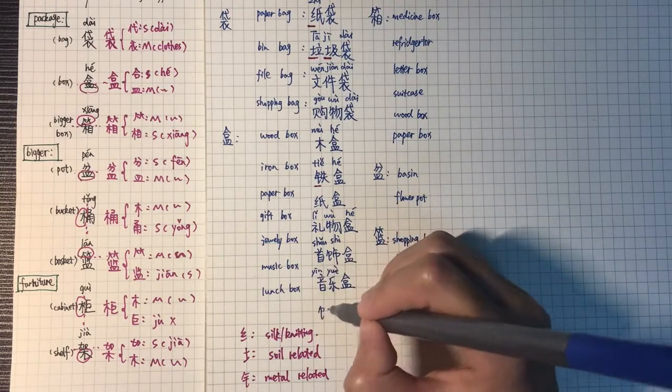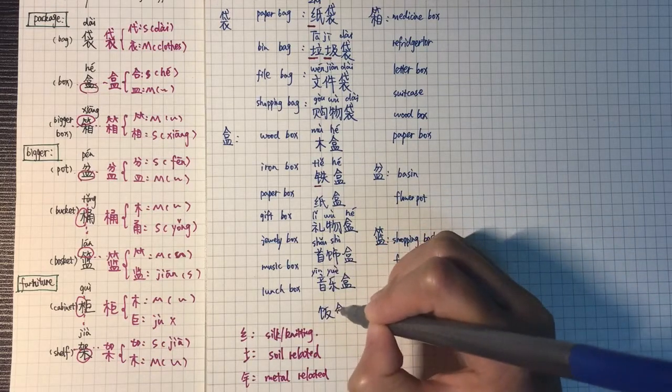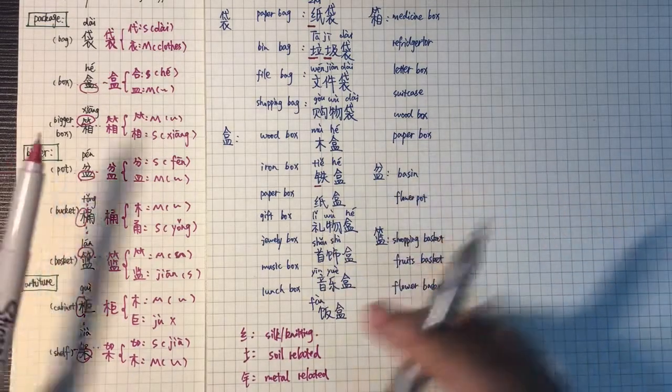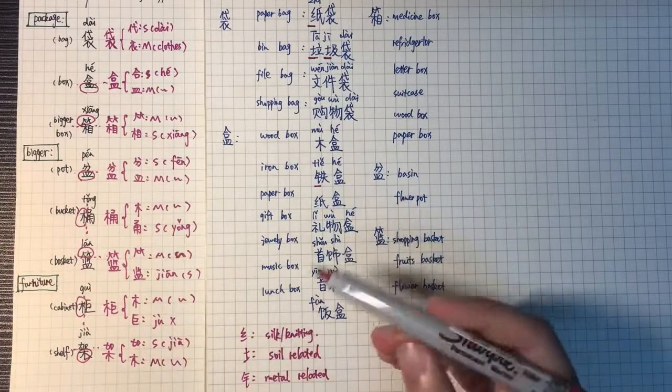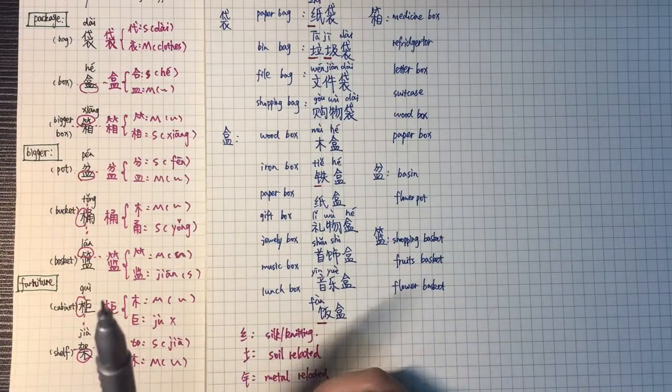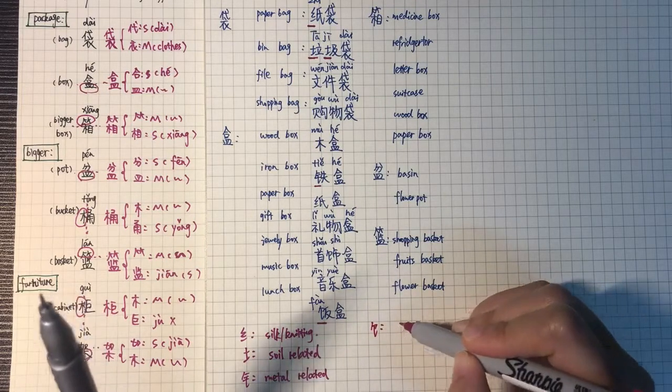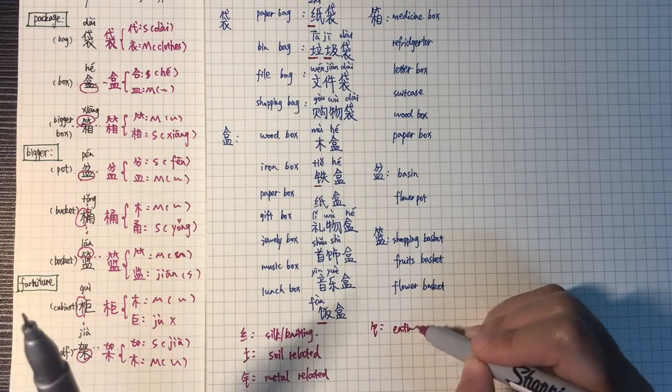Lunch box, 饭盒. This is interesting because 饭 means rice. A rice box, that's your lunch box. And here the radical is about eating related.